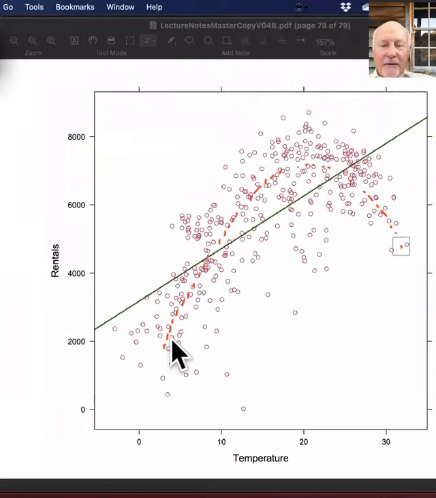So we might do better at predicting if we used a different model, not a straight line model, but a model that could take into account the fact that in reality it's a curved relationship, not a straight line relationship. Does that make sense?